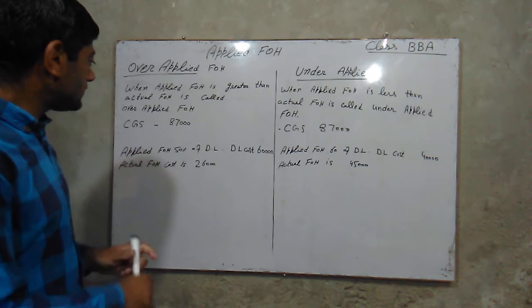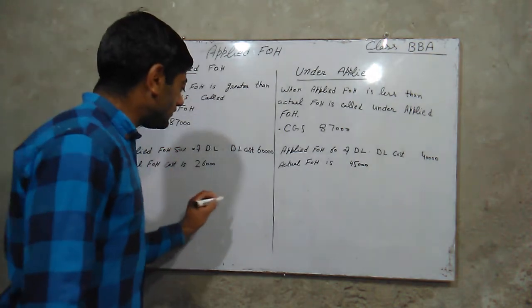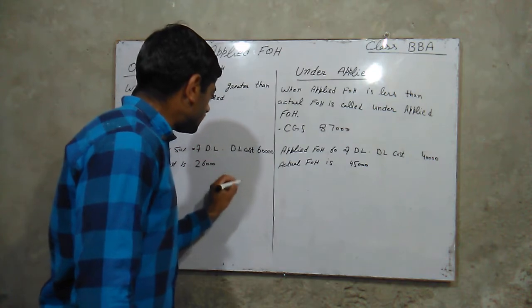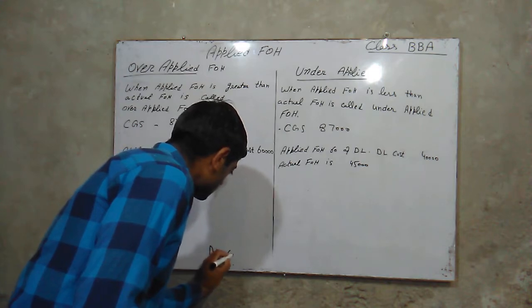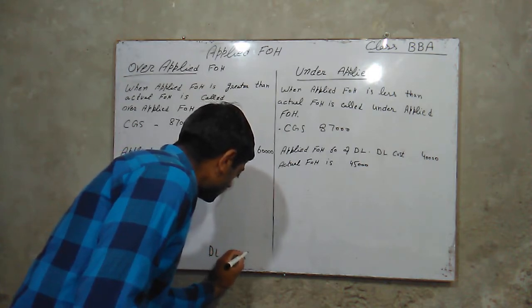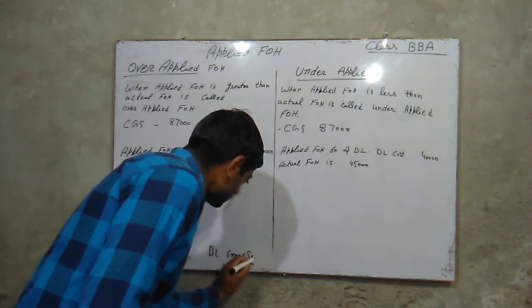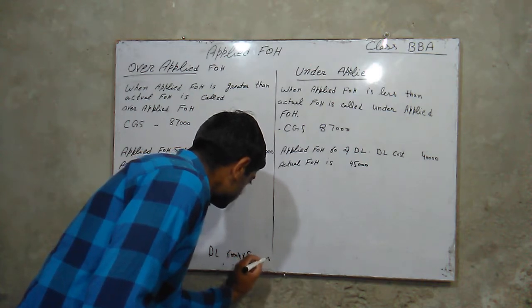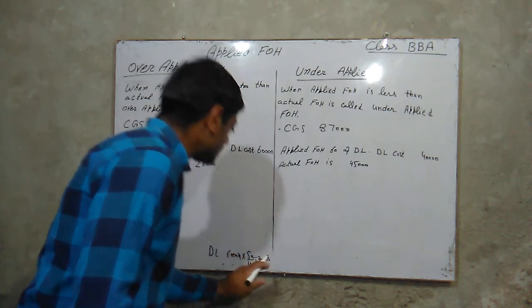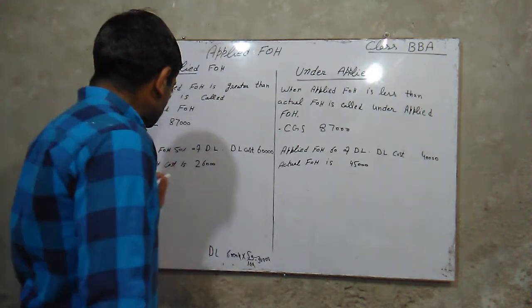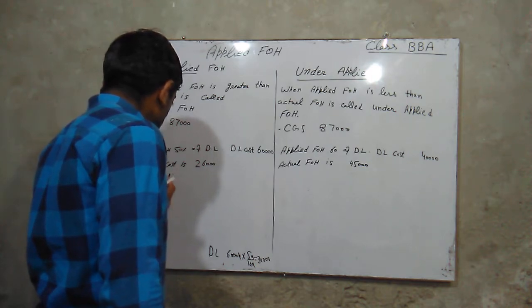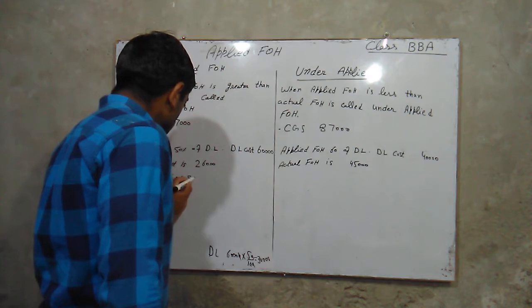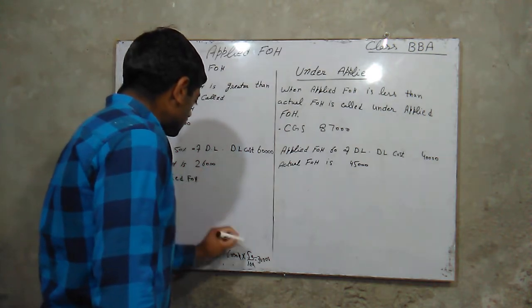First we calculate the applied factory overhead cost: 50% of direct labor cost, 60,000. The amount is 30,000. Applied FOH is 30,000.